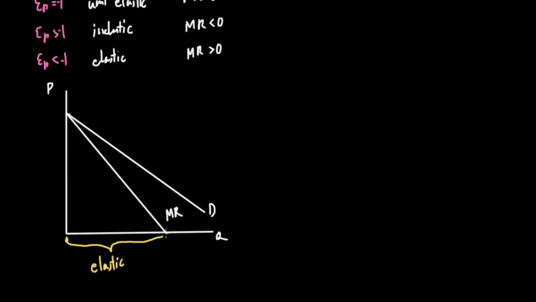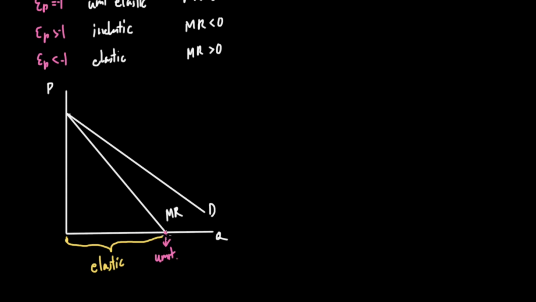At this point here, let me change my color. This point here, marginal revenue is equal to 0. So at this point, the price elasticity of demand is unit elastic. Then after that point, after MR is equal to 0, you find that MR would now be less than 0. So let's extend this.